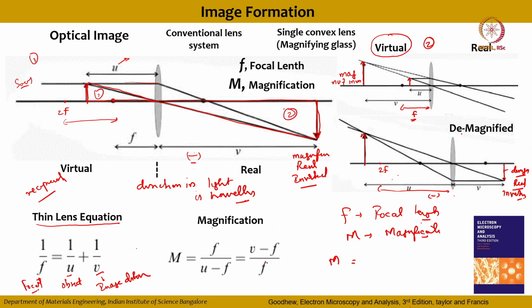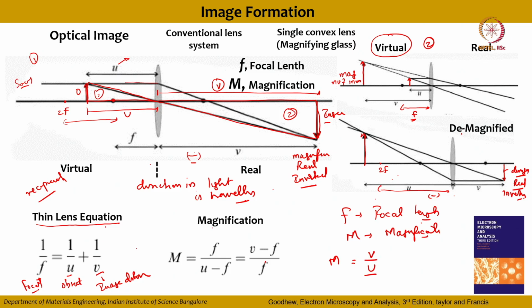If you see the symmetry of these two triangles, the magnification, the size of the image and the size of the object, is directly related to the distance between the center of the lens to the image, which is V, and the distance of the object from the lens center, which is U. So magnification can be given by V by U.